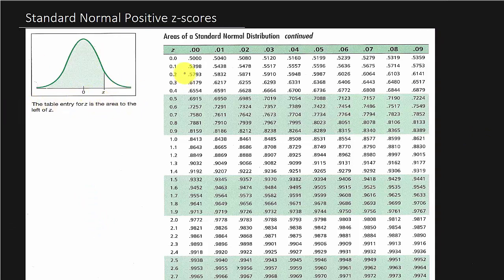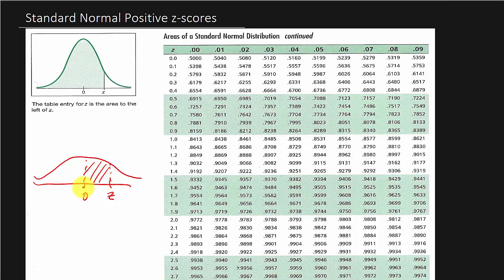I'm going to show you how to look up the Z value. But there are other tables out there where, when you look up the Z-score, it just gives you the area back to the mean.